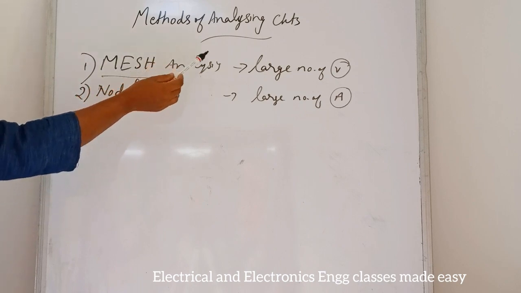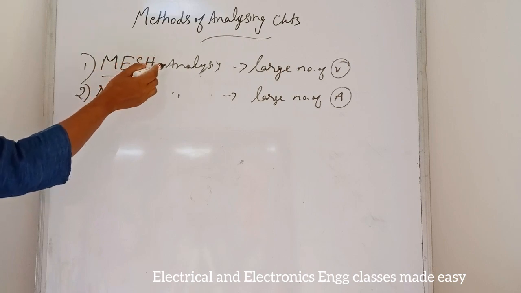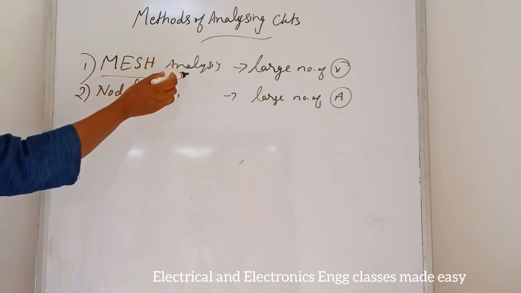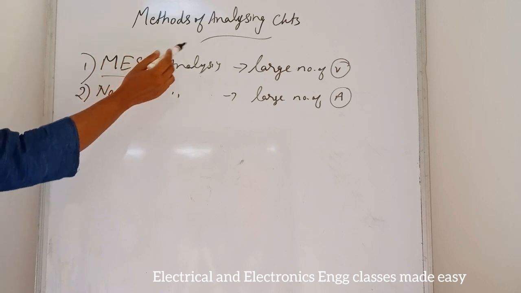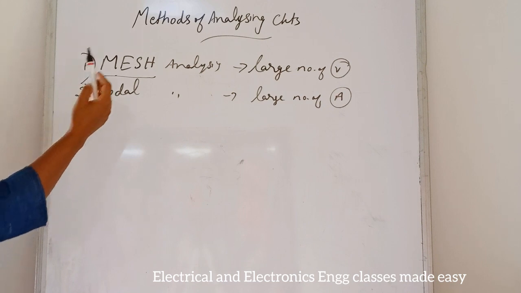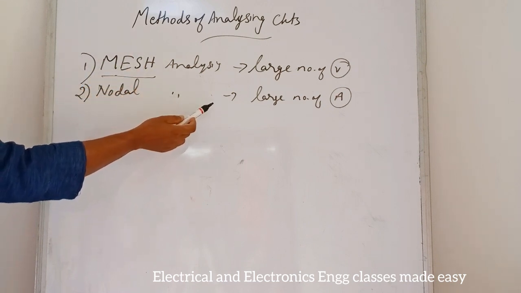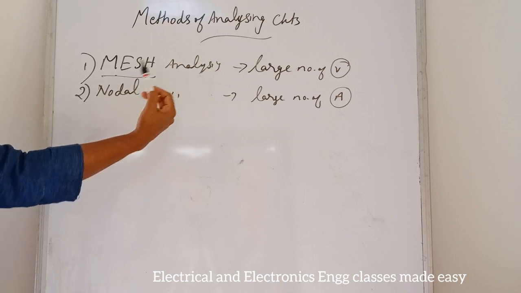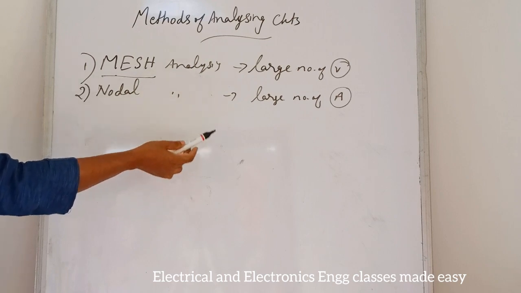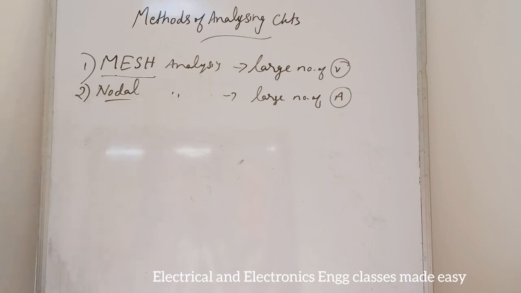Therefore, if there is any current source, then they are to be converted into equivalent voltage sources for the mesh analysis. And on the other hand, if the network has more current sources, then nodal analysis is more useful.